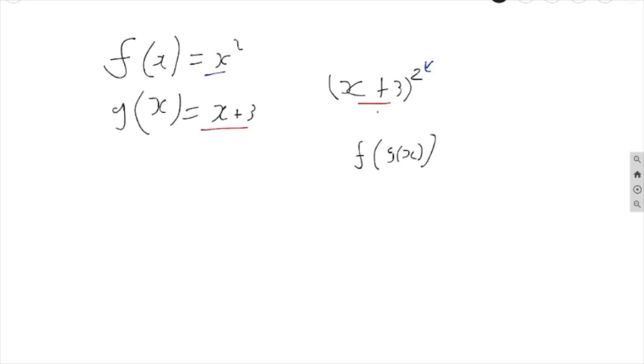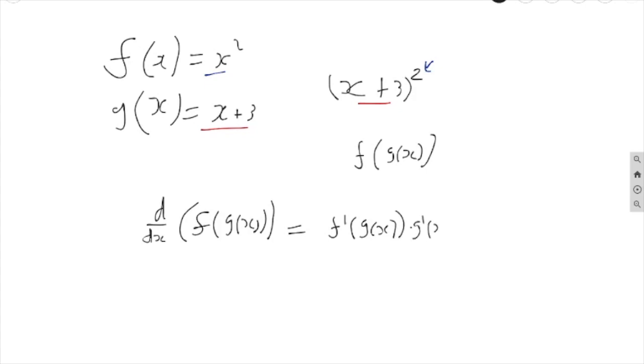Now if we want to differentiate this, because that's what this series is about, we are going to use the following definition. d by dx of some function f acting on some function g of x, a lot of brackets, equals f prime acting on g of x, all of that multiplied by g prime of x.